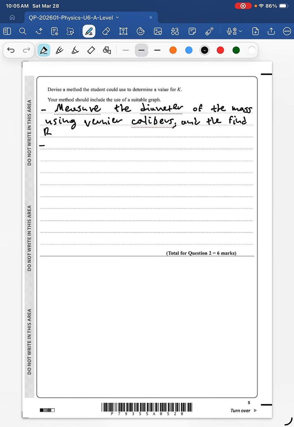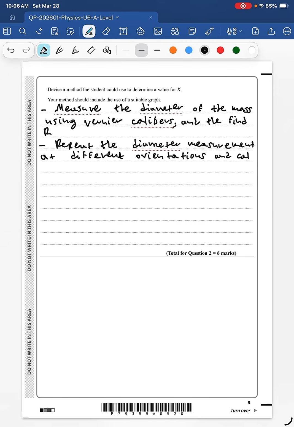Okay, repeat the diameter measurement at different orientations and calculate the mean.